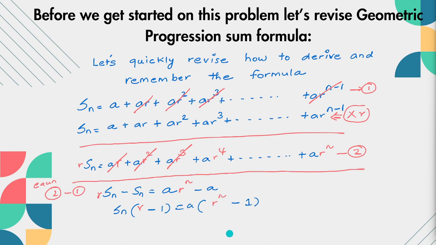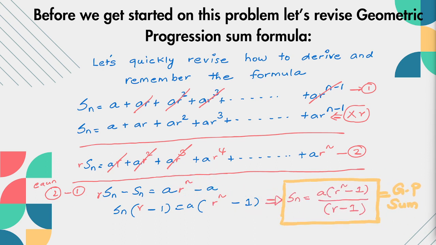And we get a times r to the power of n minus 1, because we've taken out a from both terms of this expression. And that gives us the formula. When you move this down, you get Sn equals a times r to the power of n minus 1 over r minus 1. And that's the sum of geometric progressions. That's the formula, and that's how you prove it.